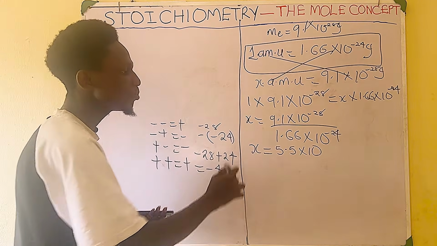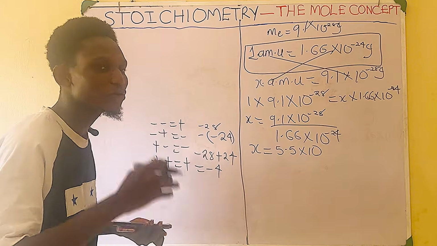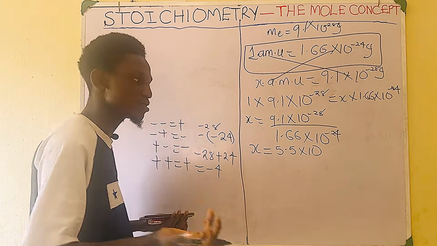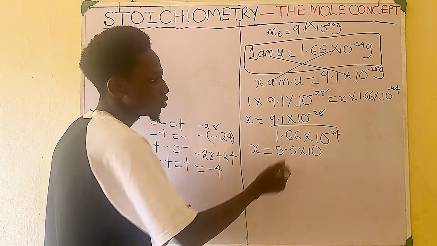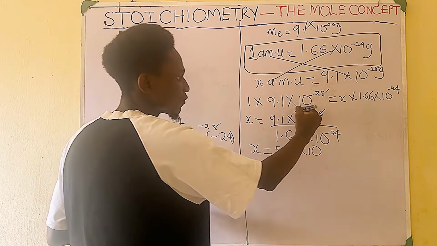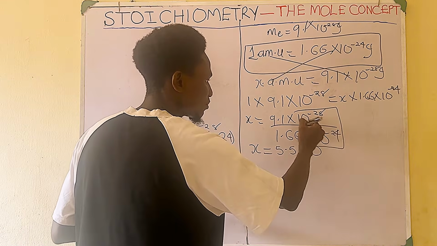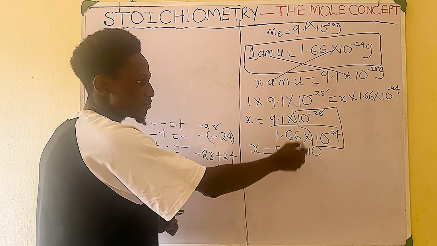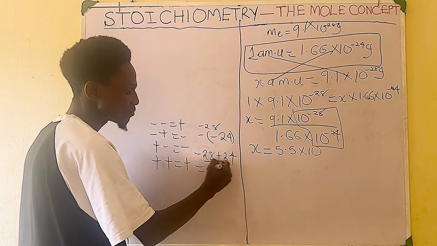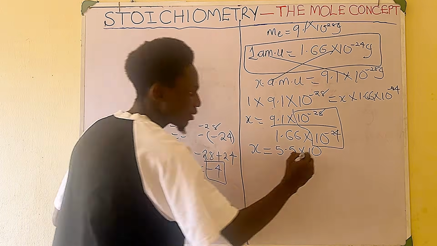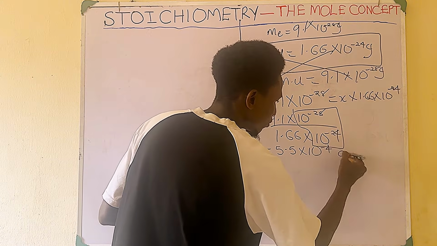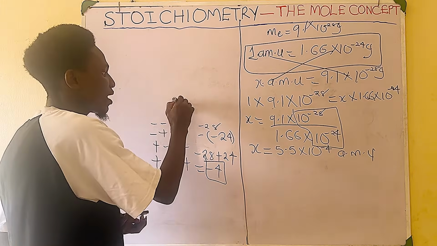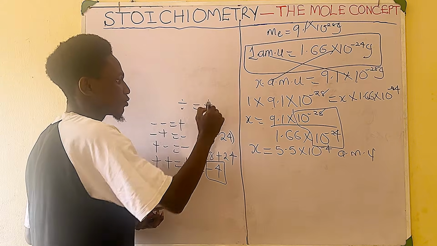So when you have questions like this, it's best to leave them in index form. Why? If you start pressing 0.0000 in your examination calculator, you're going to have issues. Say you are doing CBT and you're not allowed to use a calculator. So you have to just leave them in index form. Resolve these parts together, then resolve the other parts together, like I've done 5.5 times 10 raised to the power. When I've simplified it here, I can now add my minus 4. When you have division, you change to minus.